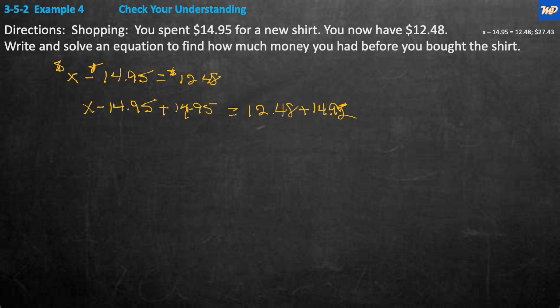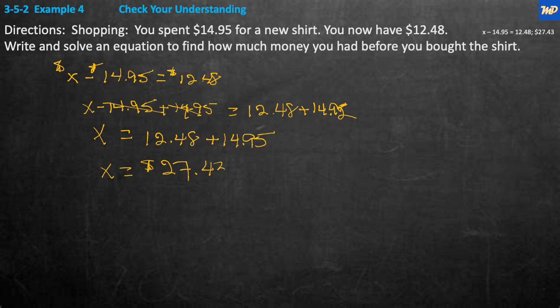Okay, so x equals, these cancel, x equals 12.48 plus 14.95. And when you add these two together, you're going to get x being equal to $27.43.